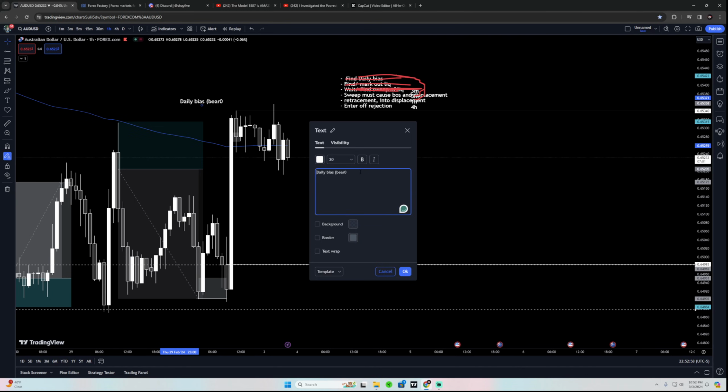My arrow key doesn't work. That's so weird. Whatever. Daily bias downside, I guess I can say.